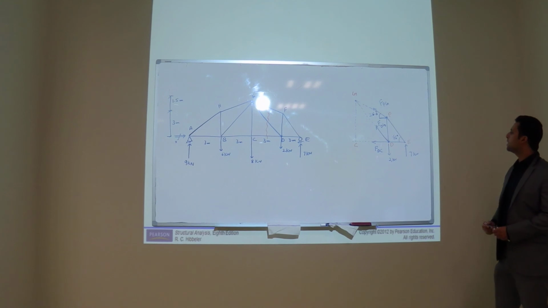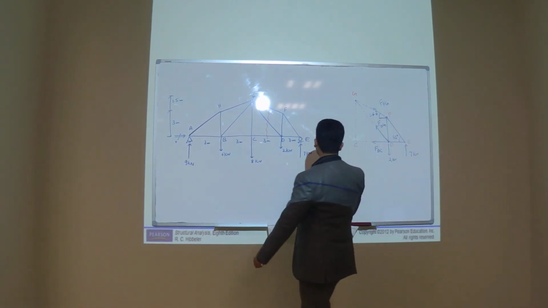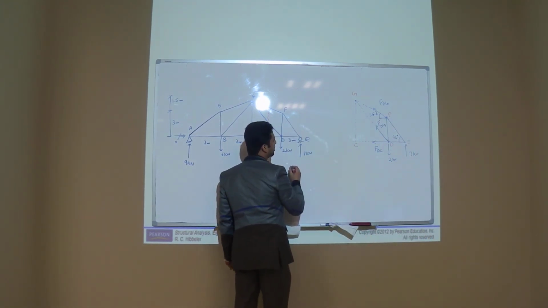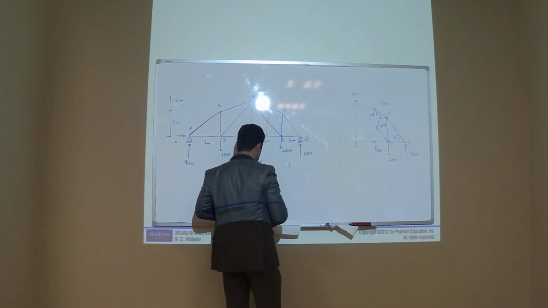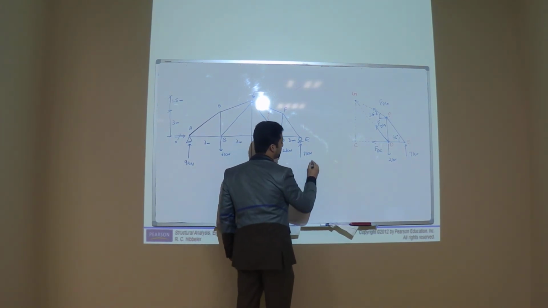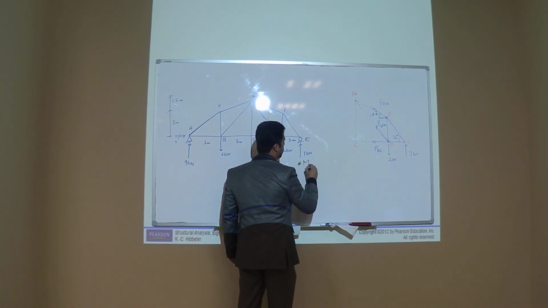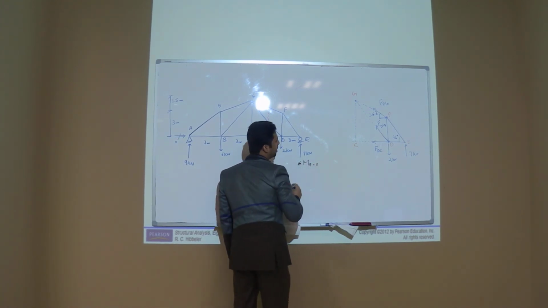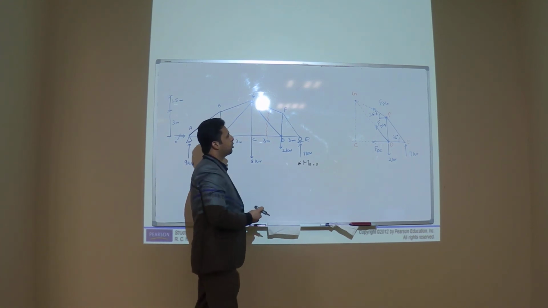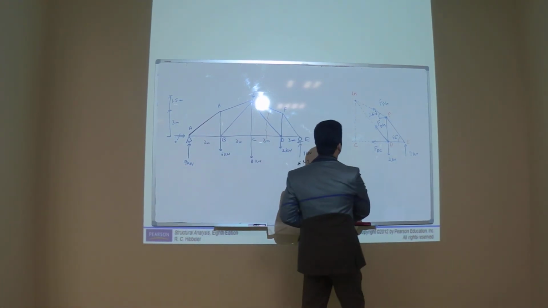Let's take moment at joint D: sigma moment D is equal to 0. You can divide this force into two components if you want.